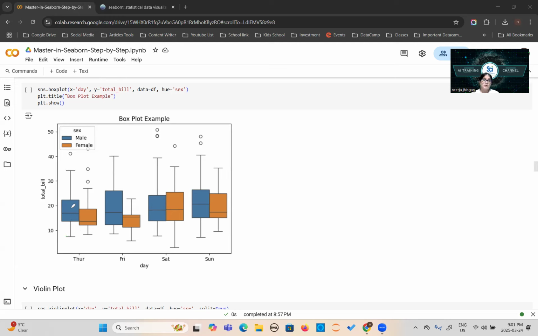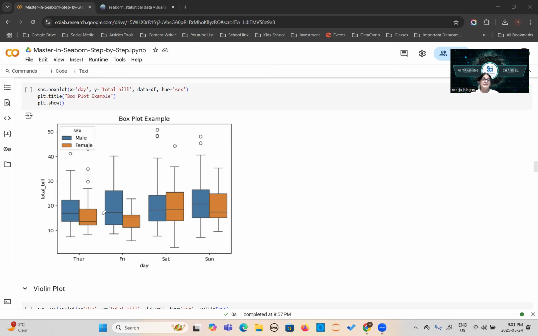If it is going closer towards this point, here I will show you, there is no line going towards this one. Here we have this one. So this median value is going towards the highest quartile range, which means your data is skewed on this side towards the highest value.